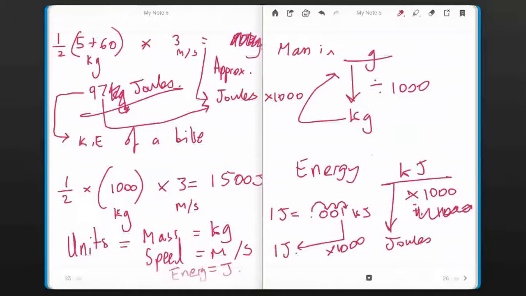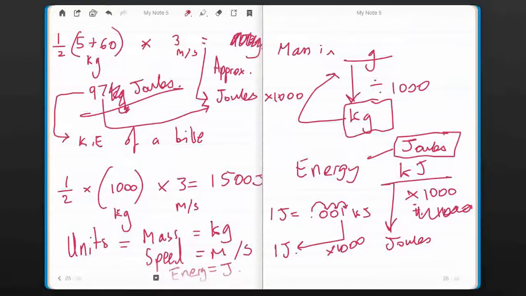And kilograms is what it should be for mass, and meters per second is what it should be for our speed or velocity. So just remember, it's mass and speed that matters. If either of them is 0, then you won't get an answer for kinetic energy other than 0.